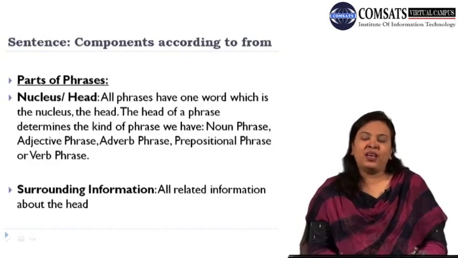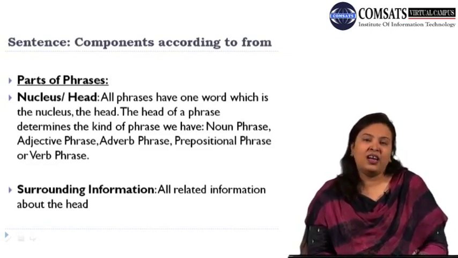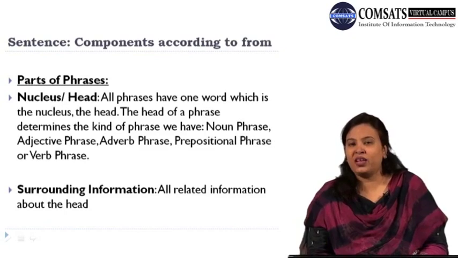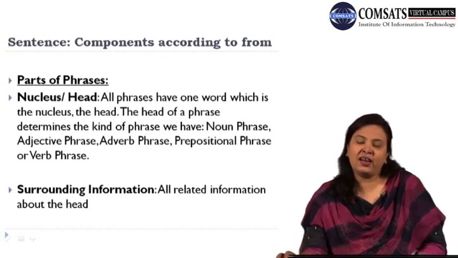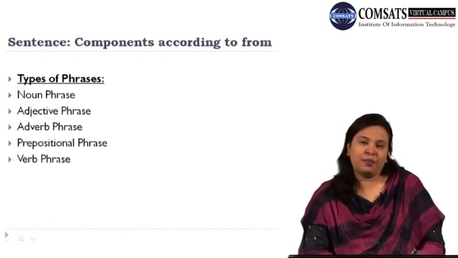So whatever type of head we have in a phrase, it determines the nature of that phrase. And what else do we have in a phrase? The surrounding information. Yes, there is a head, and all other relevant information about the head, that together makes a phrase. Now, types of phrases.